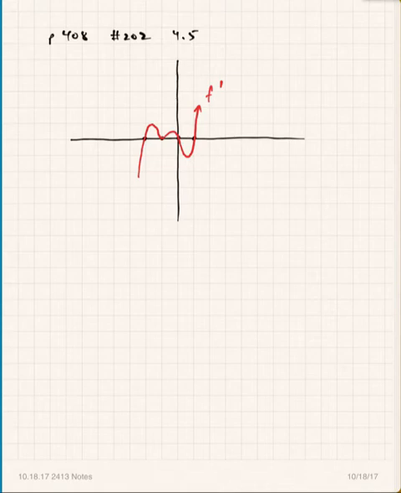So what can you tell me about f prime? That f prime is below the x-axis until you get to -2. So f prime of x is below the x-axis until you get to -2. And then what happens? Now the graph's above from -2 to -1, and then it continues above until you get to 0, and then it's below until you get to 1, and then it's above.